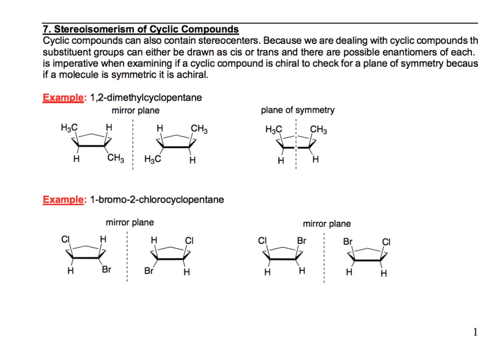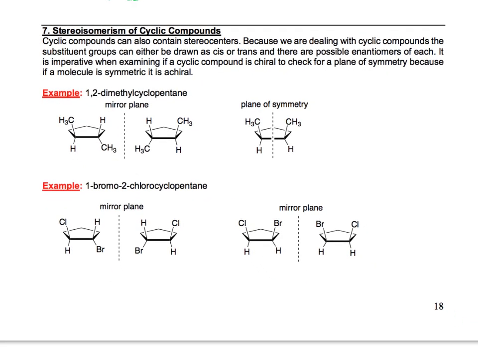Let's move on and look at cyclic compounds. So rings. So cyclic compounds also contain stereocenters, and when we're dealing with cyclic compounds, substituents can either be drawn as cis or trans, and there are possible enantiomers of each, so that's something to keep in mind.